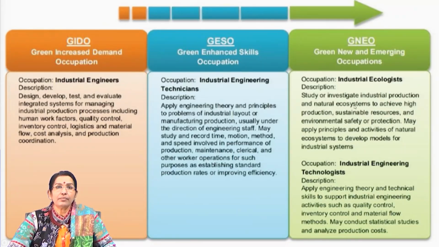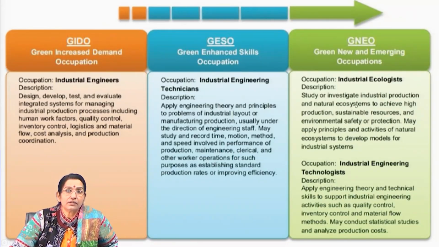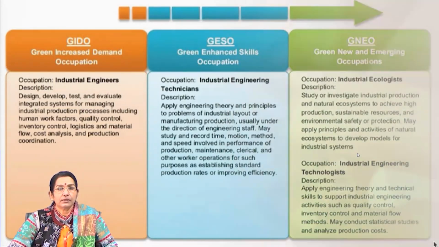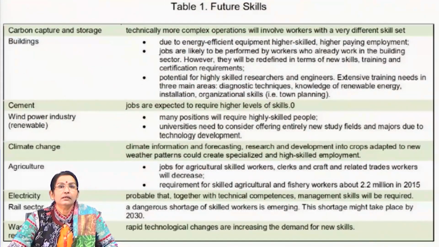This is a kind of example from which we can analyze the different subjects, technical and vocational education subjects and disciplines, and then accordingly develop the green curriculum and the training modules and skills.